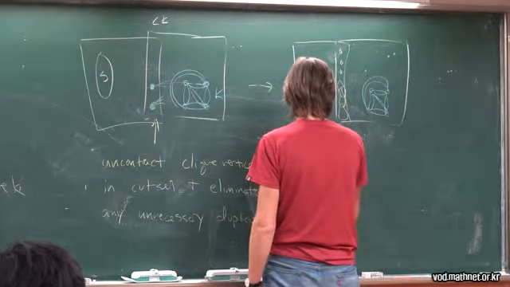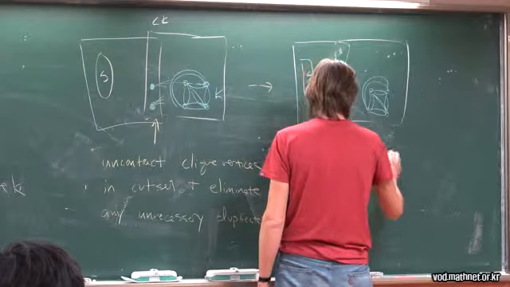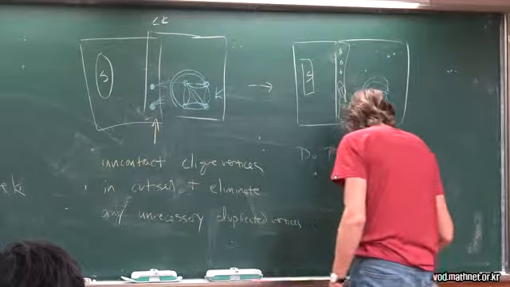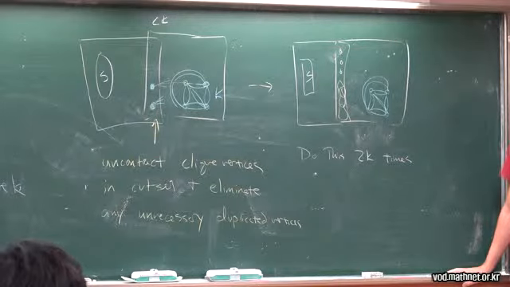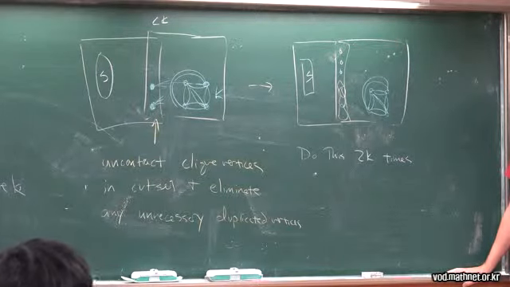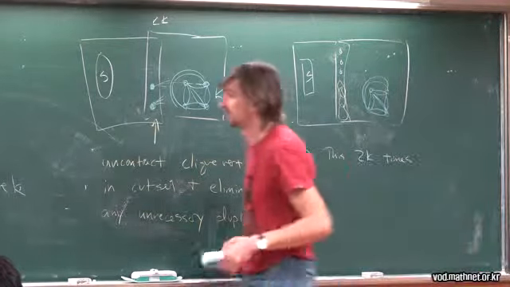So do this 2K times. And I claim that after I do that 2K times, S is no longer separated by a small cut from the blue clique. And why is that?